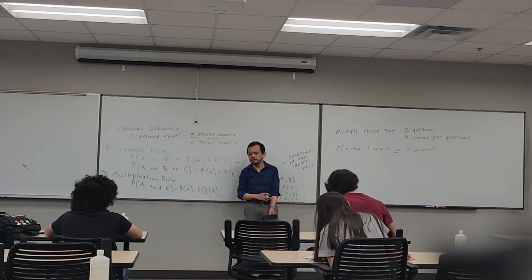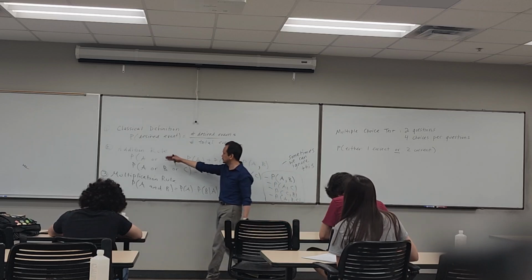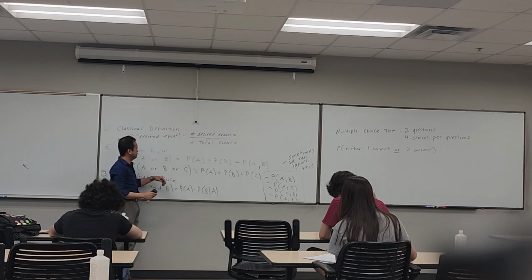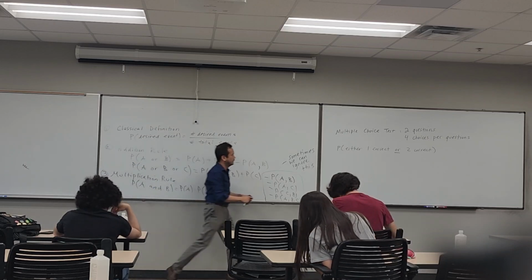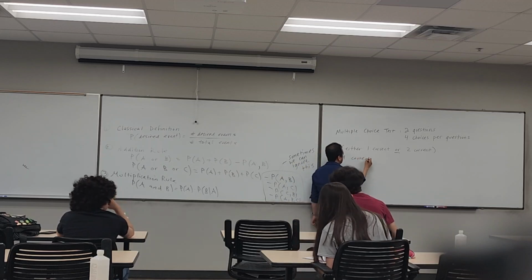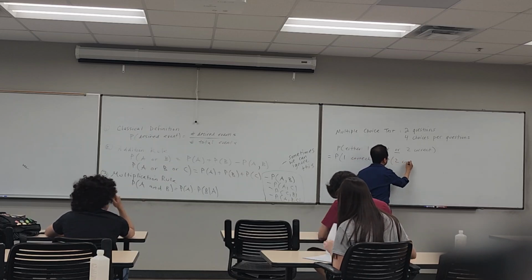So here we have a probability with events joined by or, so which rule can we use? Yeah, we use the addition rule here. And so again, the addition rule is we're going to add up each individual probability and then subtract out any overlap. So this will be the probability of getting one correct plus the probability of getting two correct.